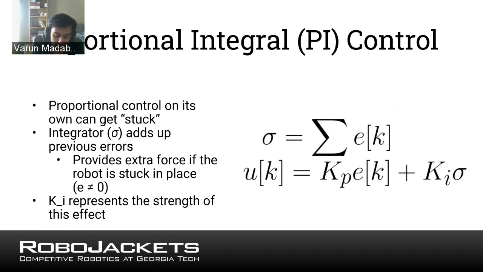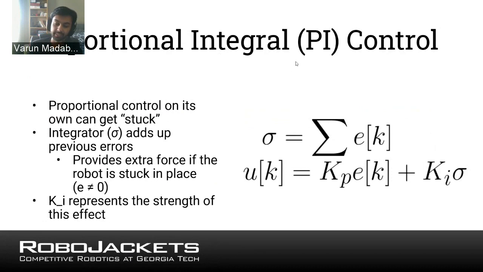And one really good example of where you would want to use this is if there's friction between your robot or your mechanism and something else. If there's friction, like static friction, then you need a little bit of extra force at some point in time in order to overcome it. And once again, there's another constant here called ki, which you can make large or small, and that will either increase or decrease the strength of this integrating effect.